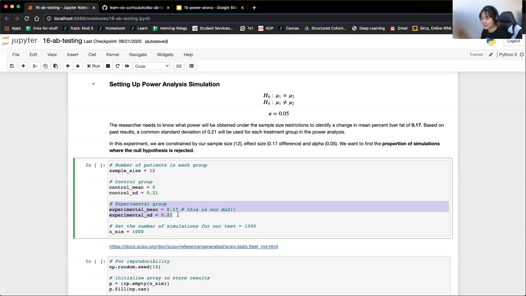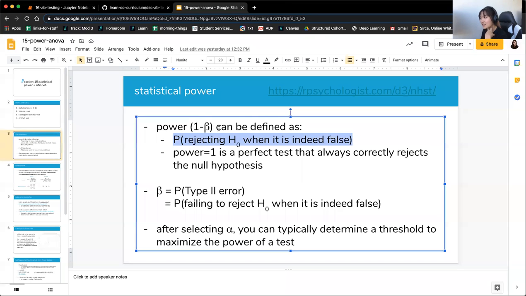This experimental group, the group that was given the real drug, is expected to see a mean of 0.17 because we are using simulations of an experimental group that indeed has a difference. And by taking the proportion of times that the null hypothesis is rejected, that gives us the power of our test, because the power of the test is rejecting the null hypothesis when it is indeed false.